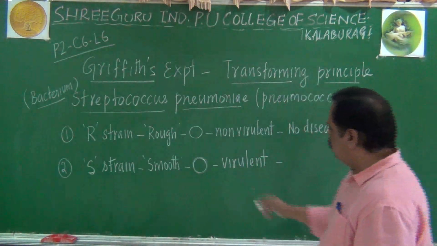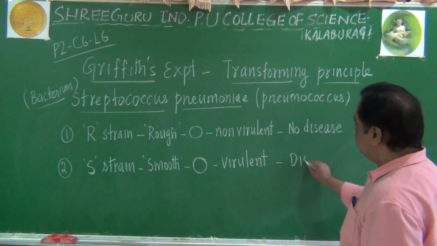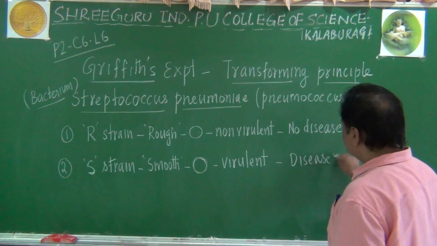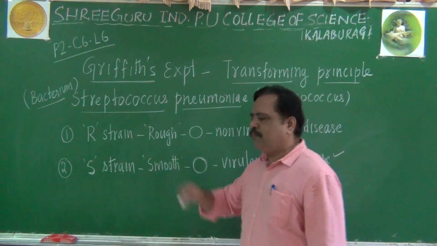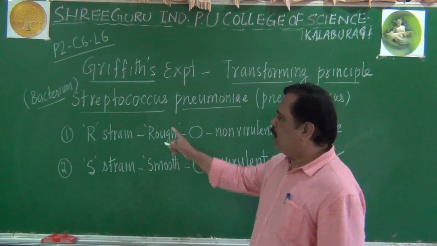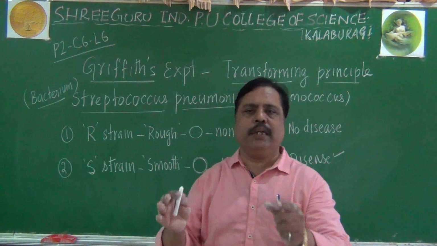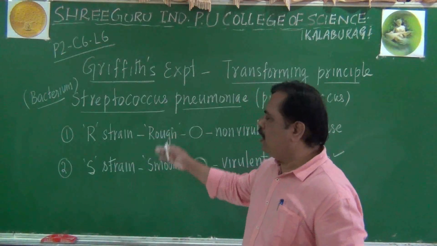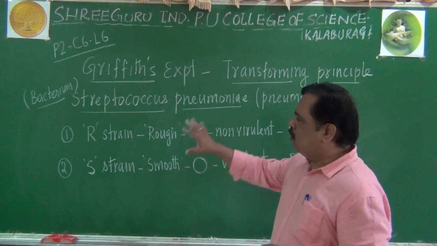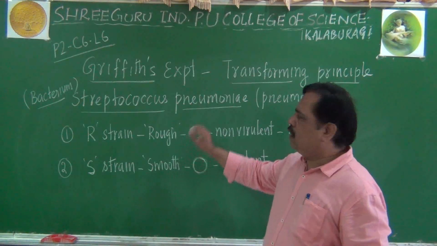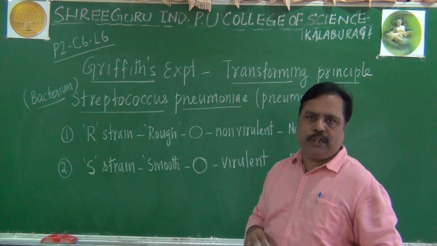So this will cause disease. Disease is caused by which bacterium? The S strain. But the R strain does not cause disease. That is the main difference between the R and S strain. You got the basic idea about Streptococcus pneumoniae.